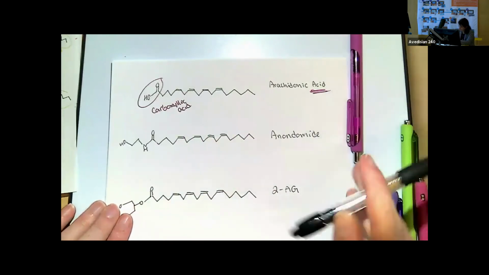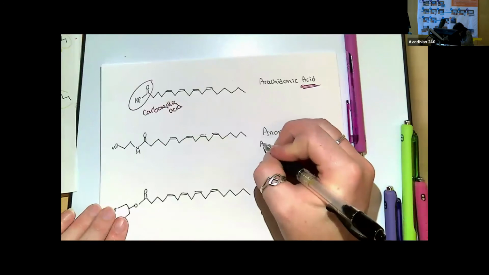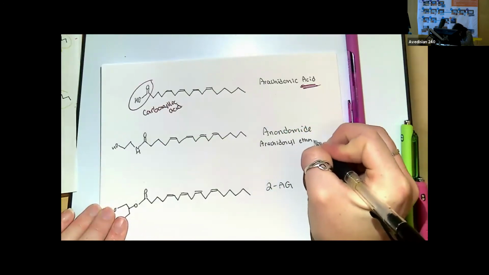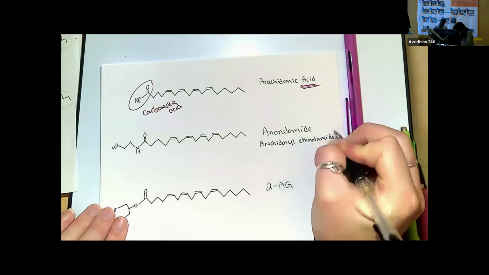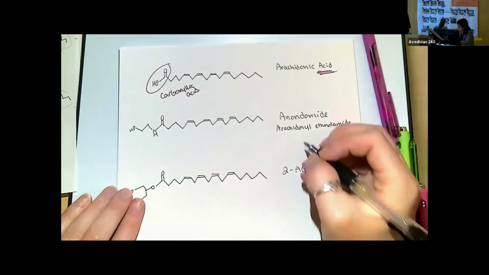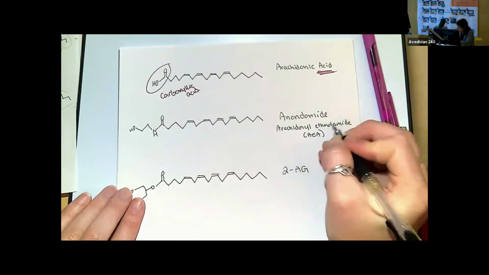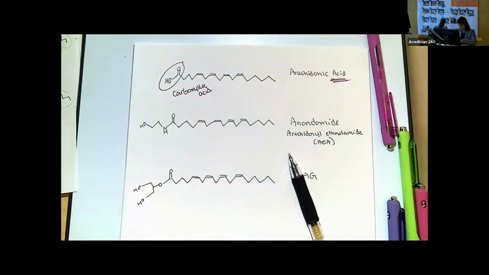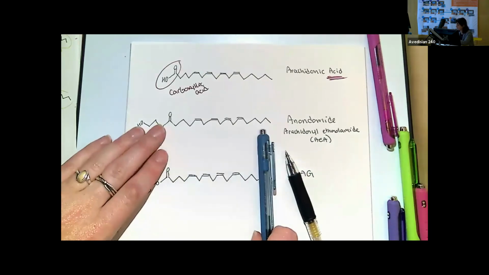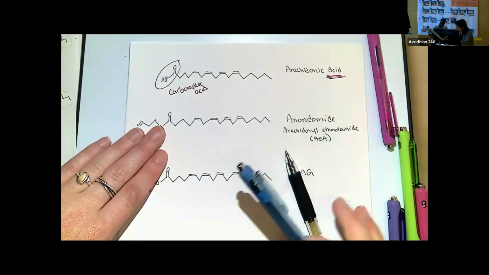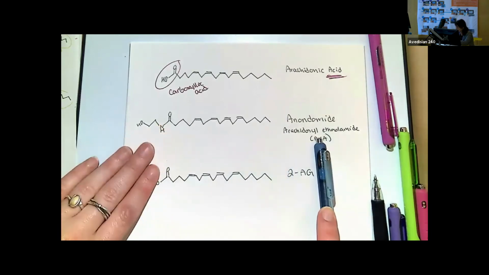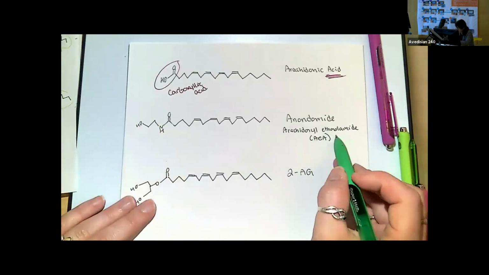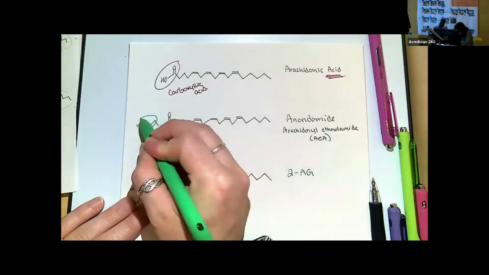When we talk about anandamide, we could also call it arachidonyl ethanolamide, or AEA, which seems like just a crazy name for this molecule, but it makes a ton of sense. We just went over that the right side of the molecule is super similar to arachidonic acid, so that's where the arachidonyl part comes from. And then if we look at the ethanol part, that is this group here.